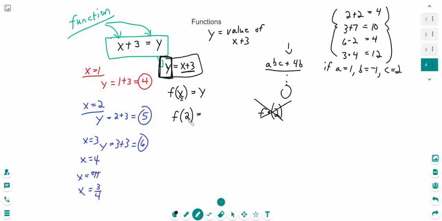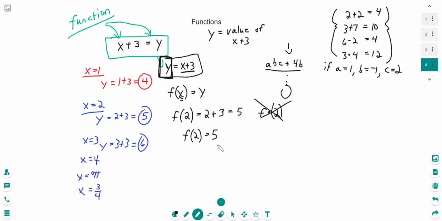To write this, I would say f of 2 equals, now instead of an x, I'm going to write a 2, and I still have this plus 3. That can be simplified. What is 2 plus 3? It's 5. So f of 2 is equal to 5.